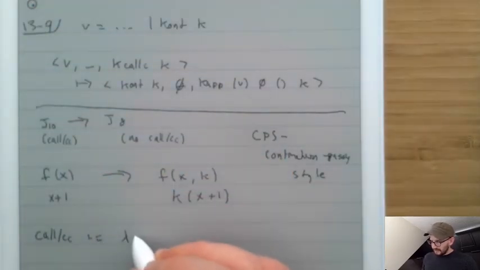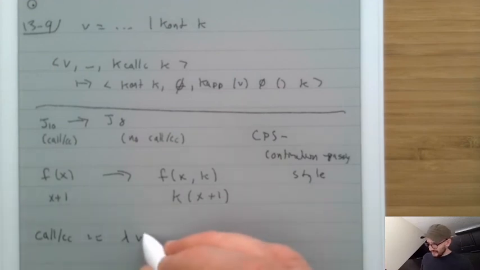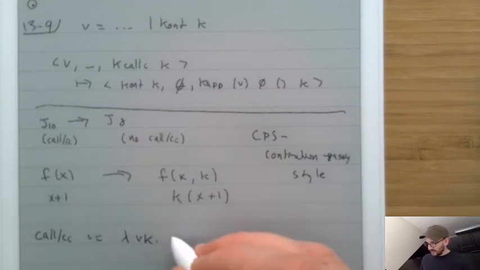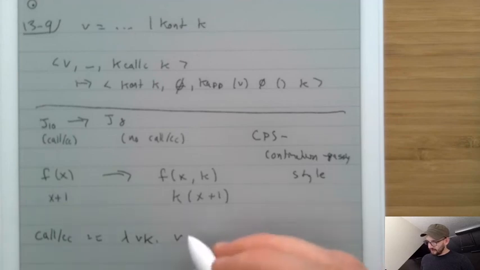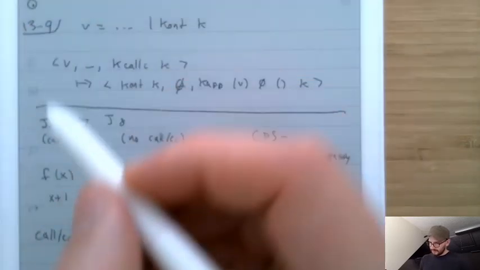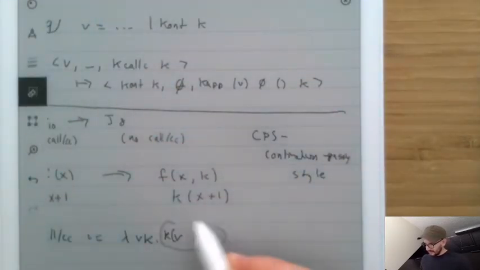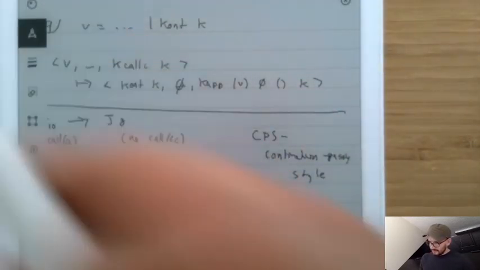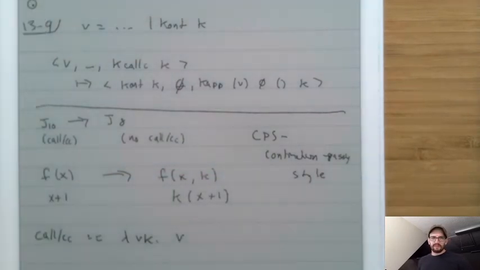It takes in a value and a continuation, and then it calls the value, giving it the continuation as its argument and also the continuation as its continuation, because V is, of course, going to take this thing and send it the answer. So basically, now that's where the copy comes from.